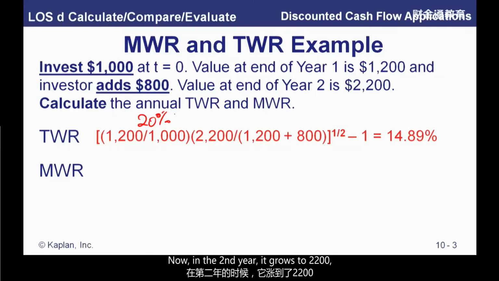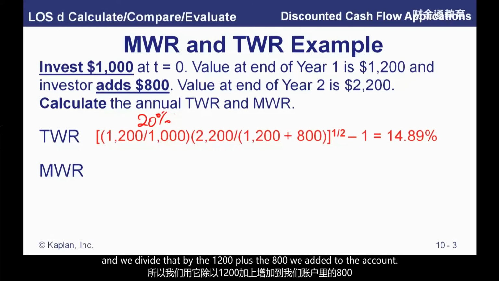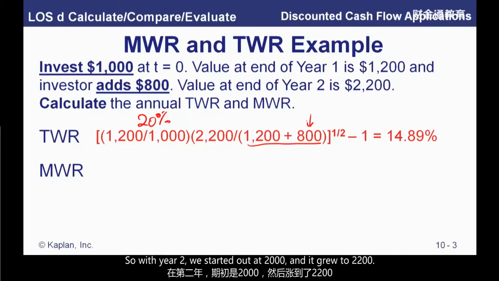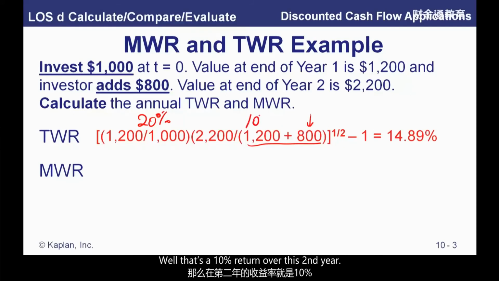Now, in the second year, it grows to 2,200, and we divide that by the 1,200 plus the 800 we added to the account. So at year 2, we've started out at 2,000, and it grew to 2,200. Well, that's a 10% return over this second year.